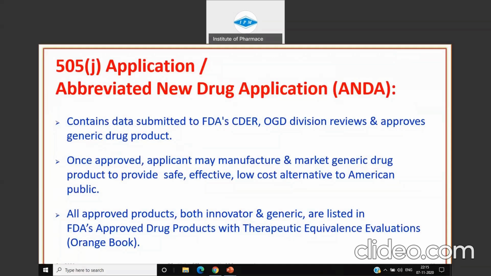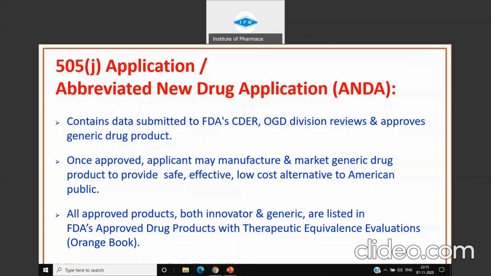So the ANDA applicant also has to submit the data, that is the quality data and the BE data, to the agency for review. And once the ANDA is approved, since it's a generic drug, why is it a low cost alternative? Because the costly animal studies and the costly clinical studies are not required to be done by the generic. It is already proven that that API or that drug is safe and effective.